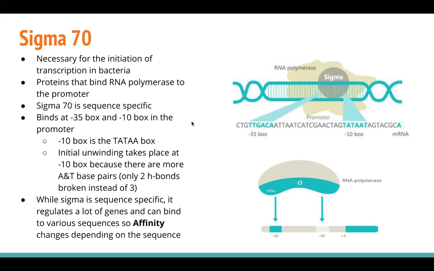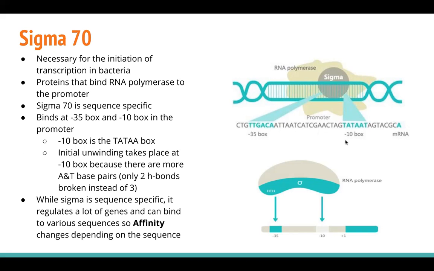It is sequence specific, which means that it binds at these two boxes called the -35 box and the -10 box. They're within the promoter. You can see them in the diagram, those highlighted green nucleotides. Those are the two sequences within the promoter that sigma 70 is looking for when it binds.